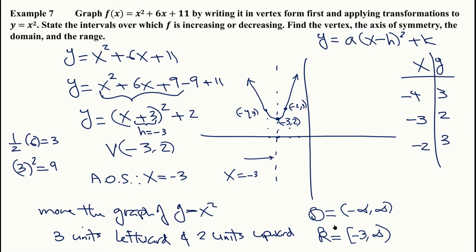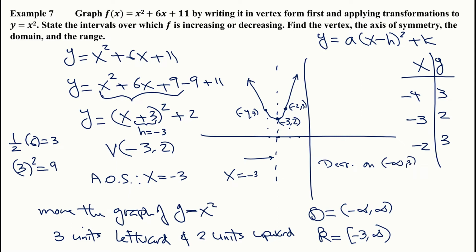All right, so where is this function decreasing? Well, notice it's decreasing on -infinity all the way to -3, right? So decreasing on -infinity to -3.